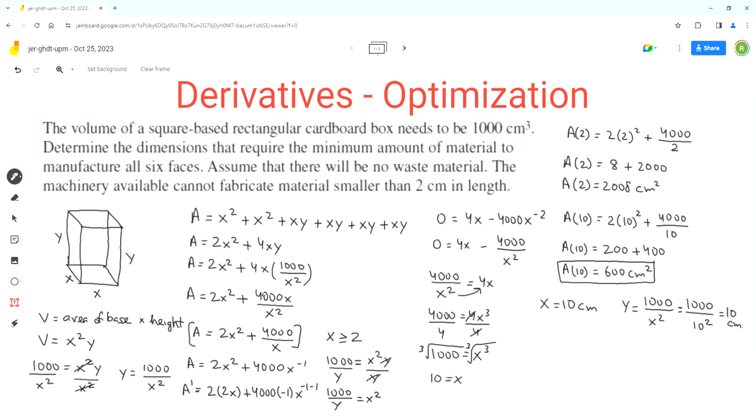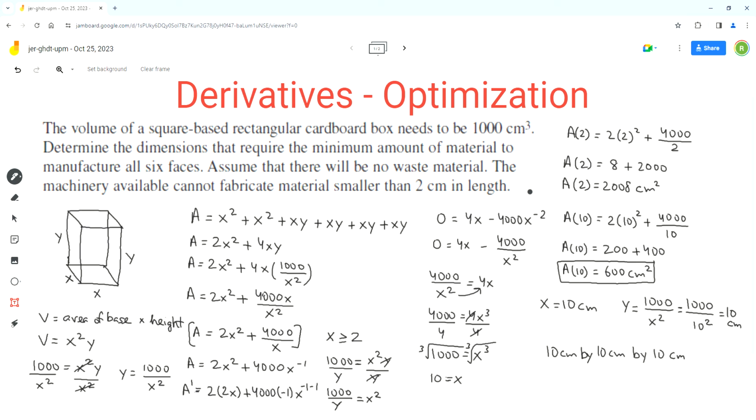So the dimensions are 10 centimeters by 10 centimeters by 10 centimeters. So these dimensions will minimize the amount of material required to manufacture this box of volume 1000 centimeters cubed. So these are the steps you have to keep in mind to solve a problem like this one.